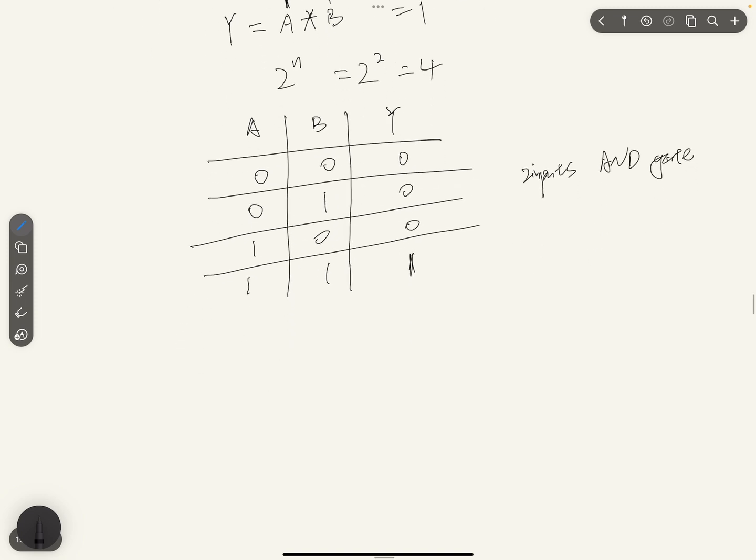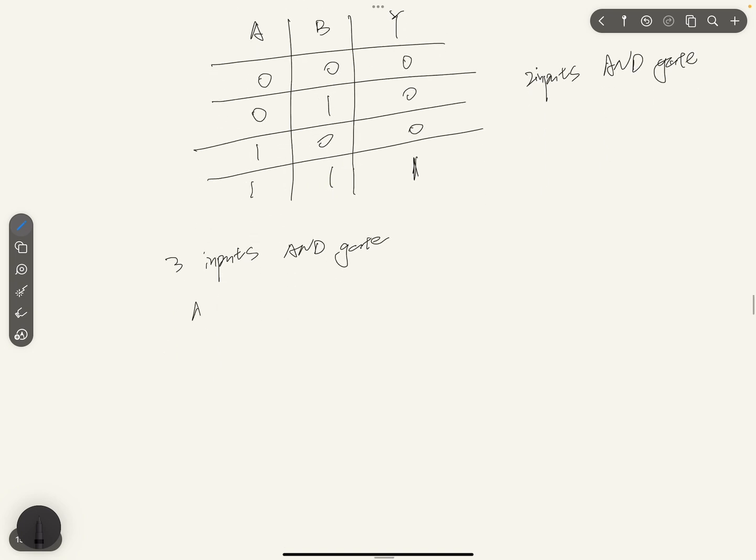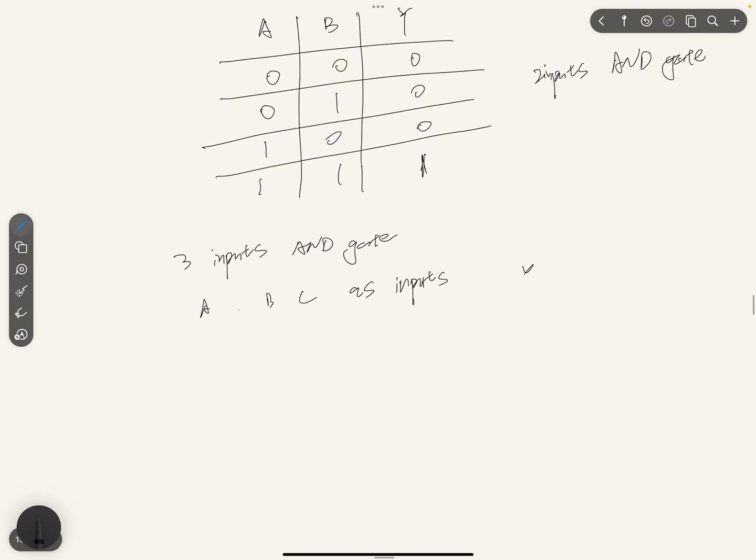What if we have three inputs? So for 3 inputs AND gate, same thing. Let's say we have inputs A, B, C as inputs, and Y is the output.